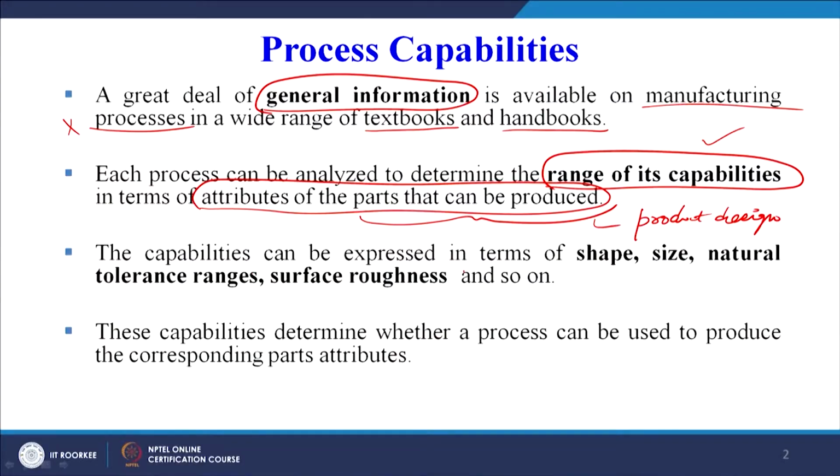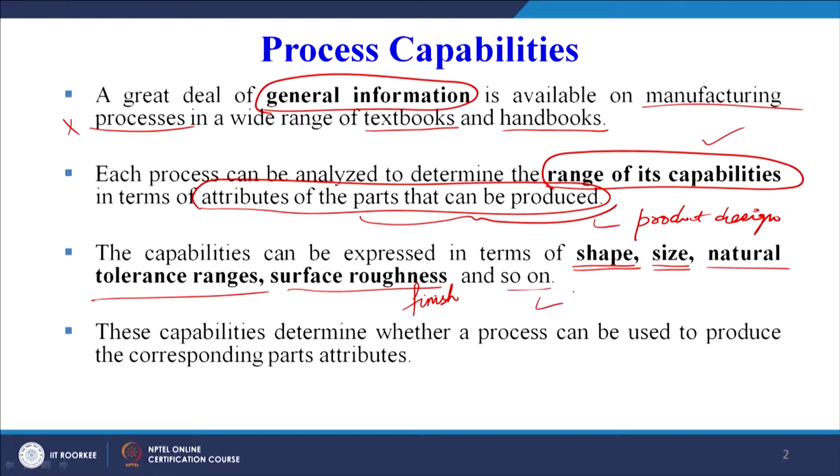The capabilities, as I have already told, can be expressed in terms of shape of the product, size of the product, natural tolerance ranges for the product, surface roughness, or we can say surface finish of the product, and so on.